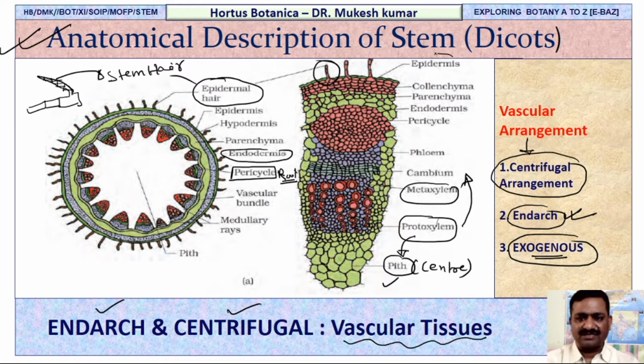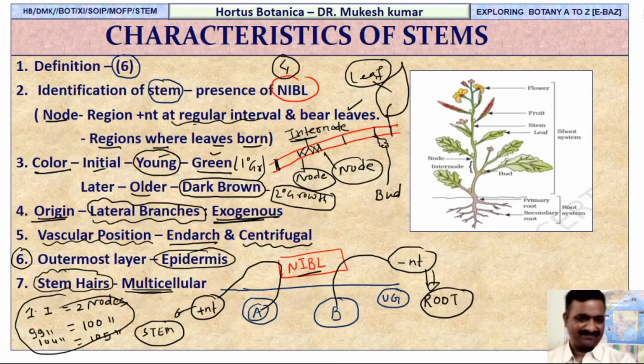And the outermost layer, see, this is the outermost layer and it is called epidermis, isn't it? So this is very good. I think you have recognized all the terminology, all the structures by this visualization. Fine. So we studied the characteristics of a stem.